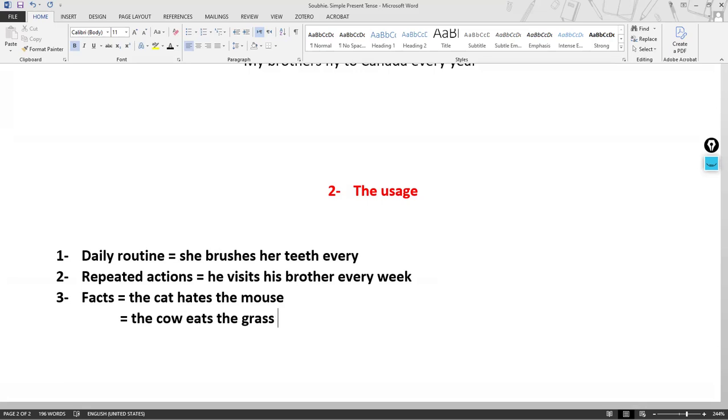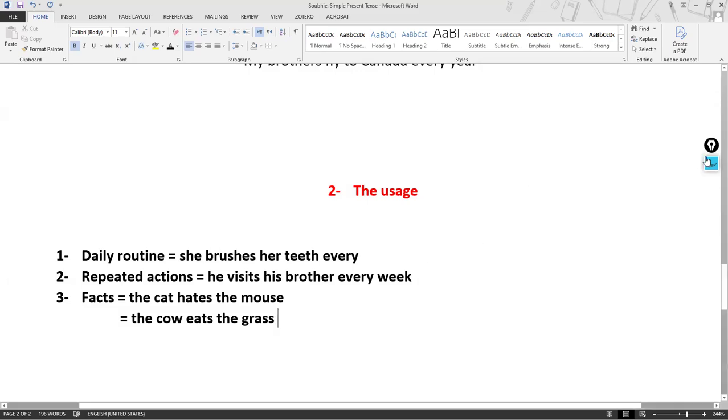I think you don't ever see a cow eat a pizza, for example, or maybe spaghetti. So all cows eat grass. Even after millions of years, the cows still eat grass.